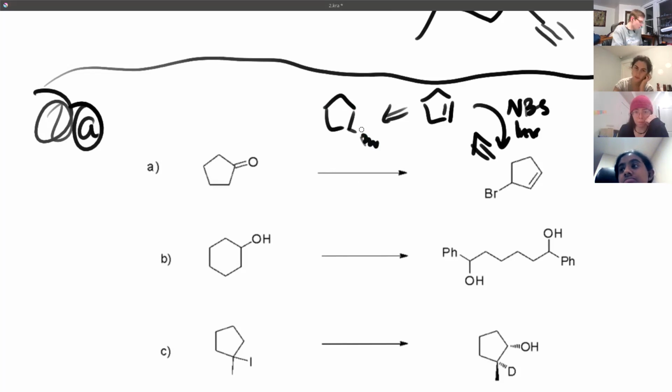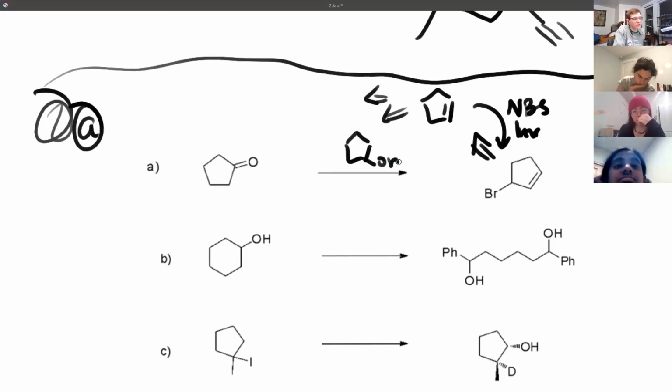Yeah. So okay, well, so there's two options here, right? So we could either have had an OH, right, and then heated it in sulfuric acid, and then that'll give us that double bond.